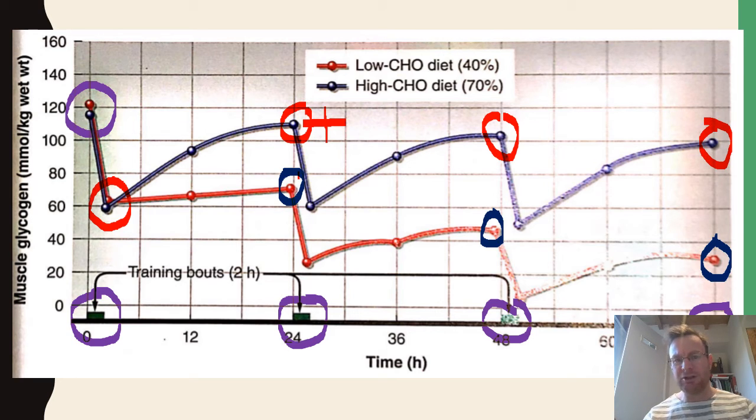So you can see each time they recover more quickly. And if you think back to the previous slide, low glycogen stores were associated with feelings of fatigue. So these repeated bouts of high intensity exercise are going to instill more feelings of fatigue in that person with the low carbohydrate diet, who's got that negative energy balance.